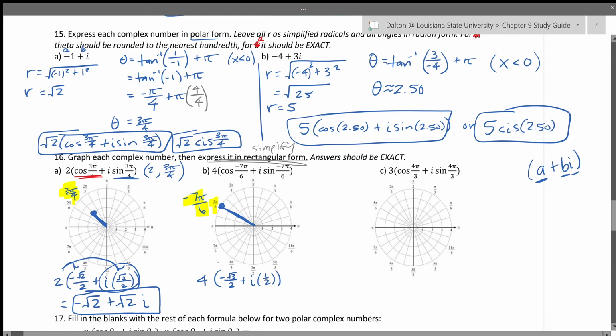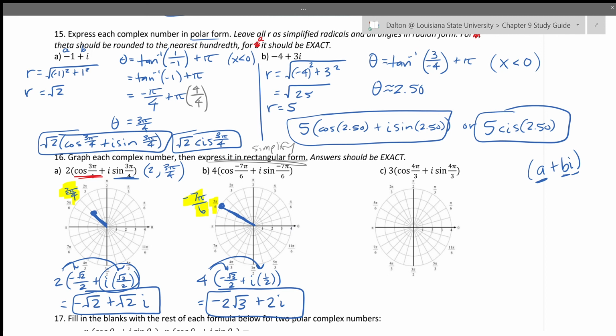And then I'm going to distribute this 4 into both of those numbers. My first number is going to be negative, 4 divided by 2 is 2, and then I have the square root of 3, plus 4 times 1/2 is 2, and then I put i on the very end. So your final answer will be negative 2 square roots of 3 plus 2i. That's in the form a plus bi.